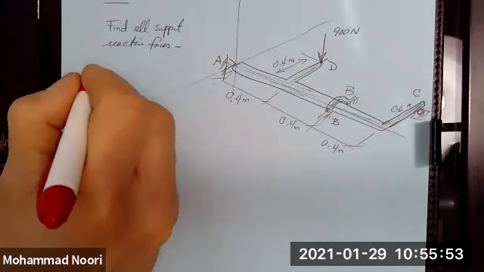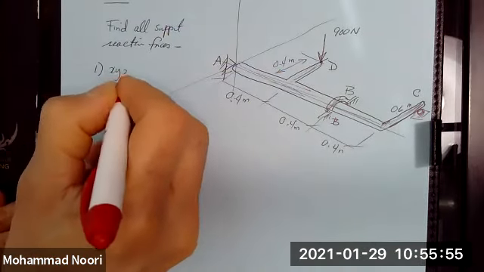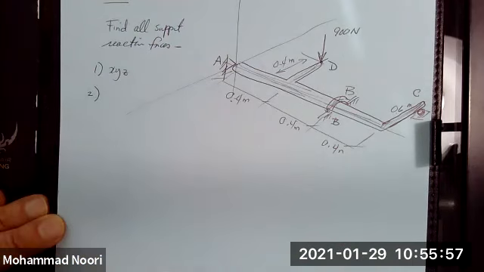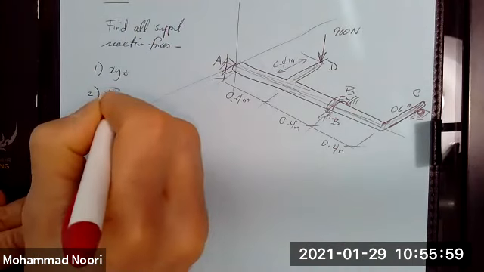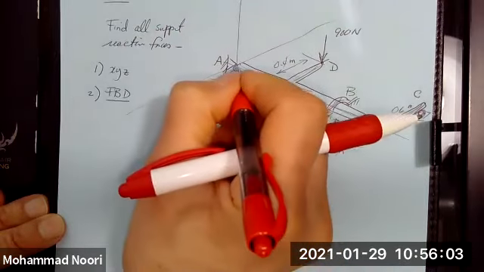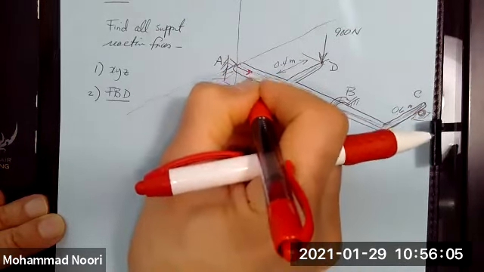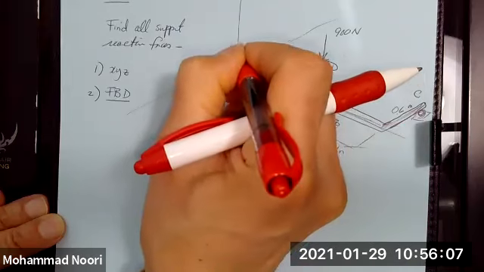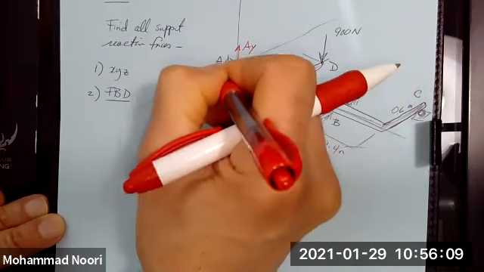So let's do that. XYZ is given. As far as the free body diagram, which is the key, let's set that up. You have three unknowns here: AX, AY, AZ.